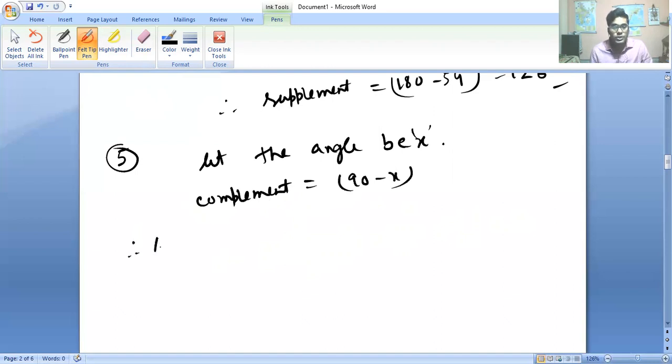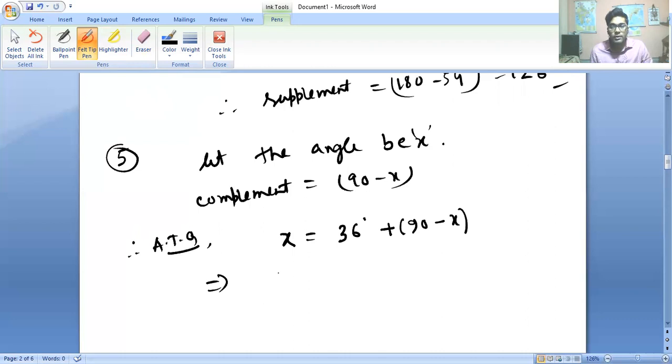So according to the question, the angle is 36 degrees more than its complement. Okay, clear? The angle here, that means x, is equal to 36 plus the complement, so 36 plus 90 minus x.